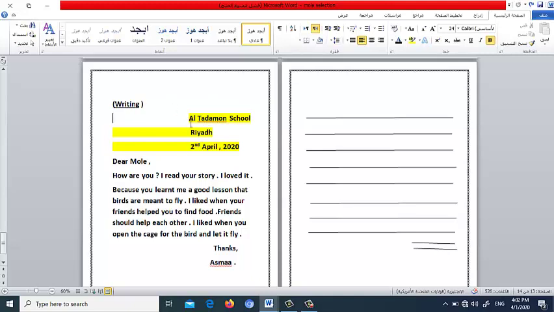At the beginning you should write your address. Where do you live? We're supposed to be in our school, so I wrote here Al Tadamun School, Riyadh. Our city is Riyadh, and our date for today, 2nd of April 2020. And here I will write Dear Mole.